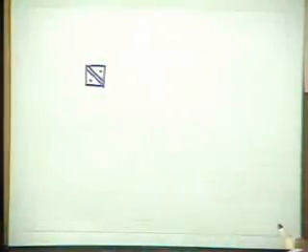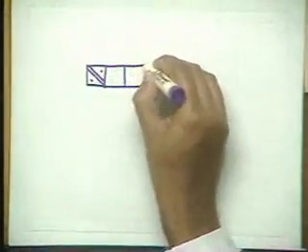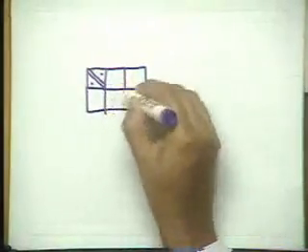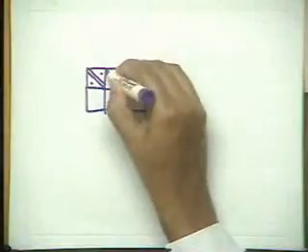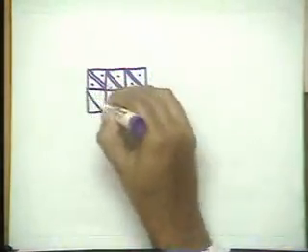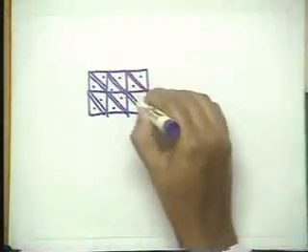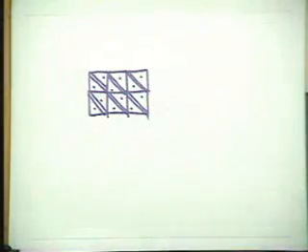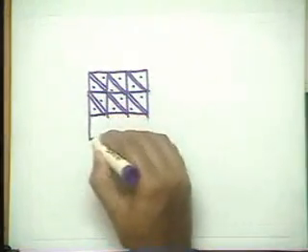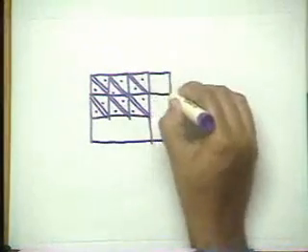Supposing we have a pattern of this nature which is getting repeated over the image, and beyond this we have got some other patterns.